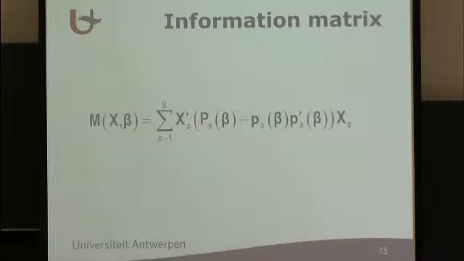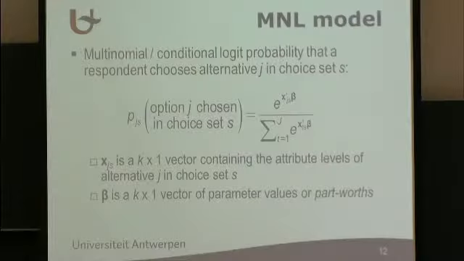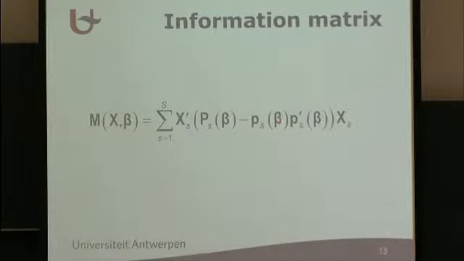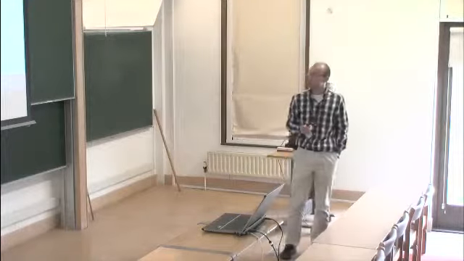And then we have a capital P matrix and a small p vector. This capital P is a diagonal matrix that has all choice probabilities on its diagonal, choice probabilities of this form here. And this vector small p is a vector with again the very same probabilities.